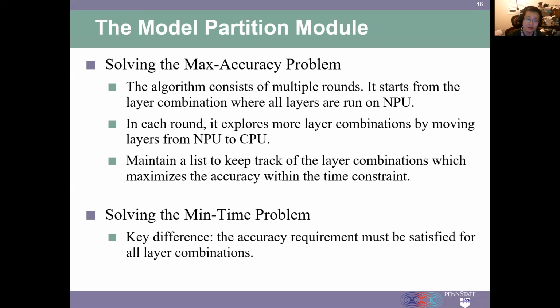It maintains a list to keep track of the layer combinations which maximize the accuracy within the time constraint. Due to time limitations, I didn't cover all the details of the algorithm. If you are interested, you can read our paper for more information. And that's for the max accuracy problem. To solve the mean time problem, we use a similar search algorithm. The only key difference is that the accuracy requirement is considered in the algorithm instead of the time constraint.